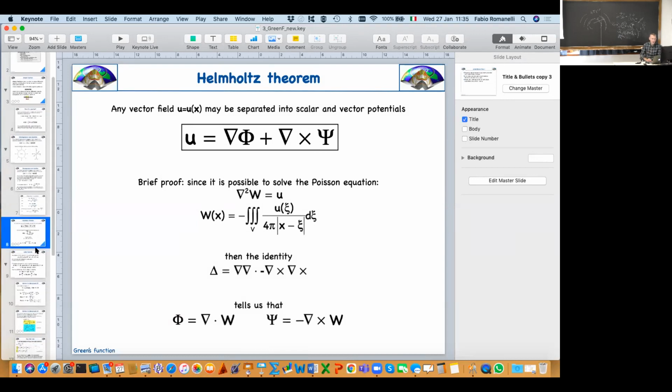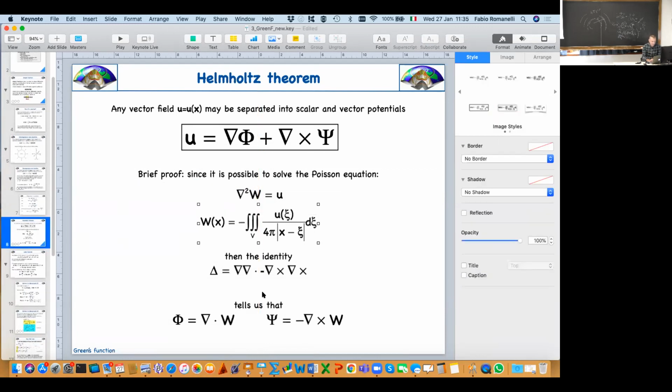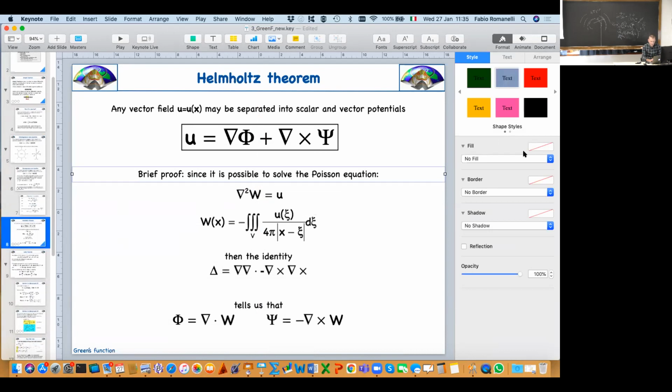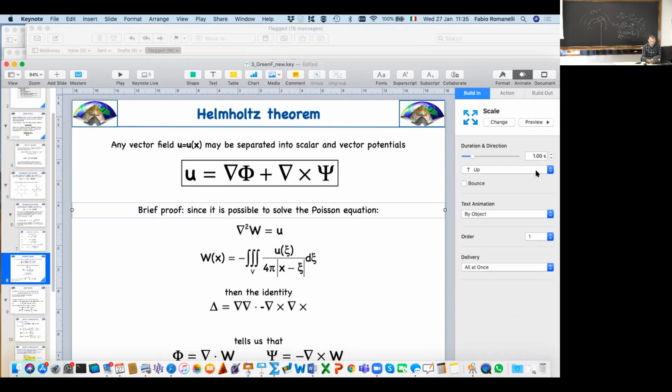This was supposed to appear before. This is a recap. And it's impressive, I know. Okay, let me fix it. Animate, appear, by object number 4.